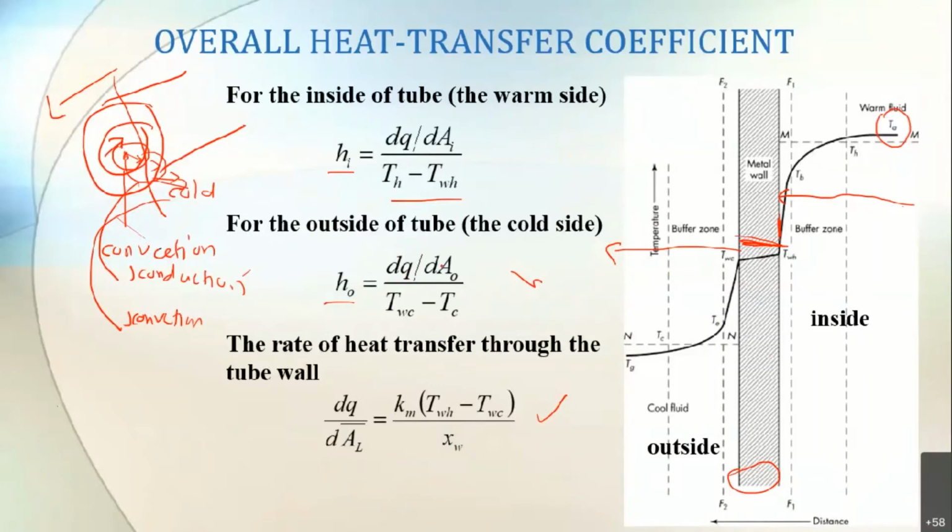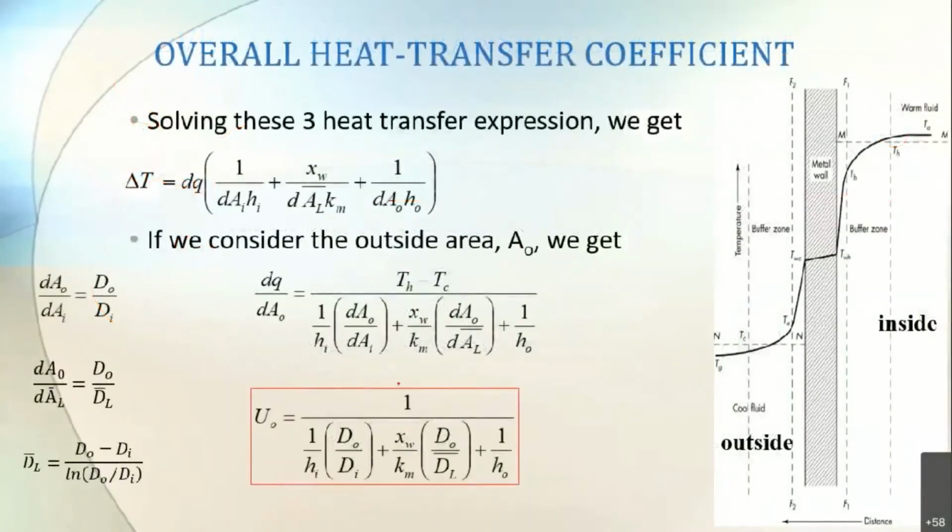Now we are trying to combine your HI, HO, and also your Km value. Once we combine this, we know that delta T here is equal to TI minus T outside. T inside minus T outside is equal to your delta T.